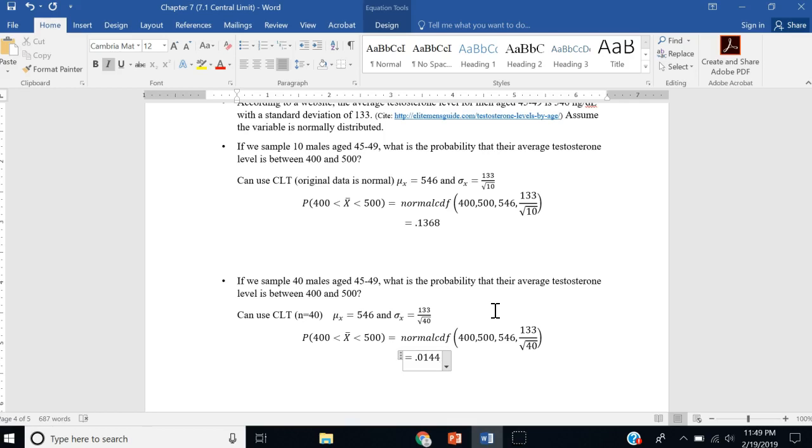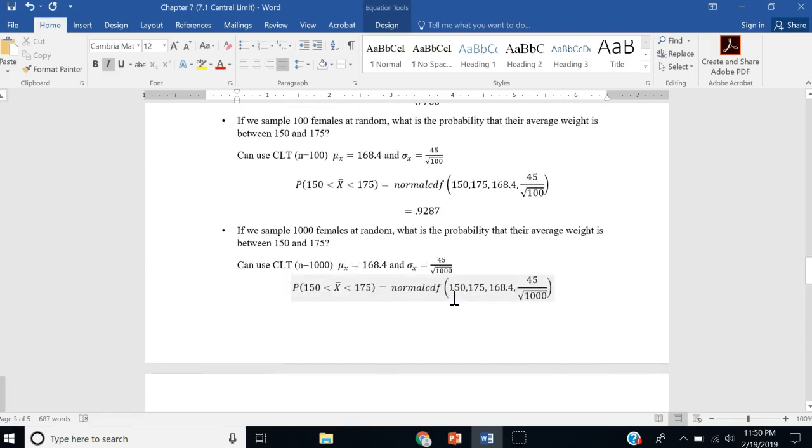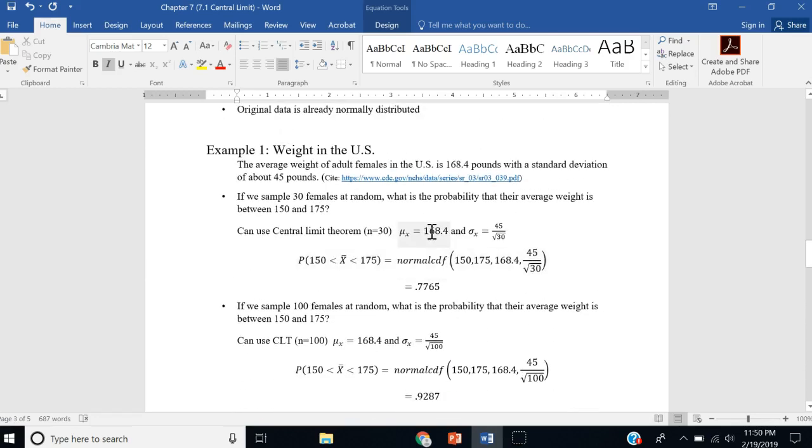So we see that in this case, as my sample got larger, the probability went down. Okay? Now, there is a reason for that. Remember in this previous case, I said 168.4 was between 150 and 175.